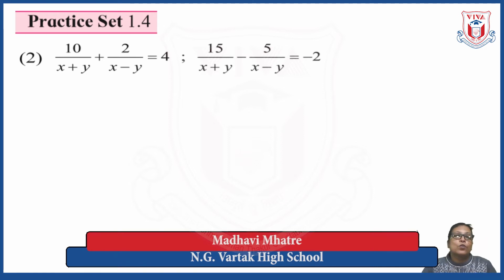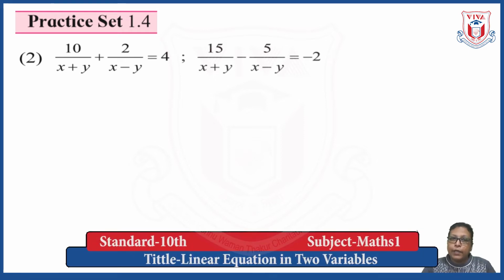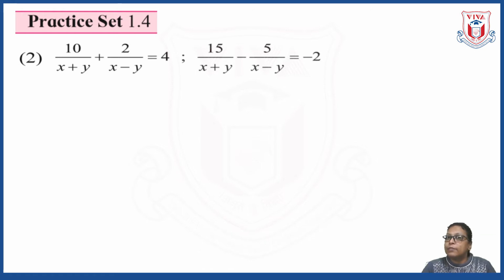So here the equation is 10 upon x plus y plus 2 upon x minus y is equal to 4, and the second equation is 15 upon x plus y minus 5 upon x minus y is equal to minus 2. You can observe here that the equations have two variables, namely x and y, but still they are not linear equations. Okay, why?